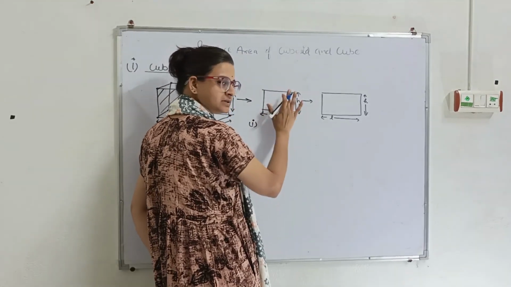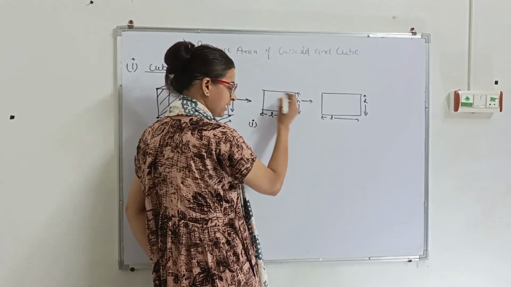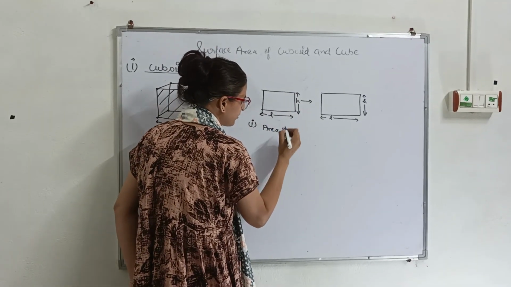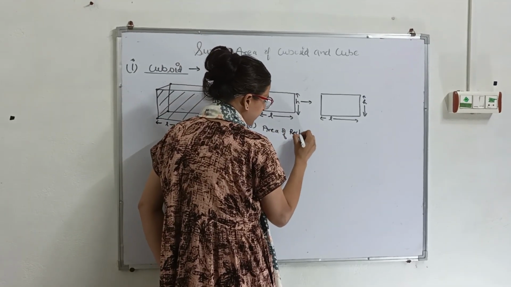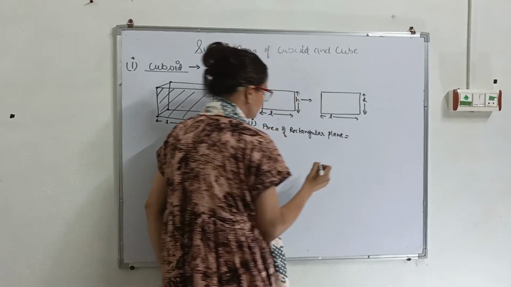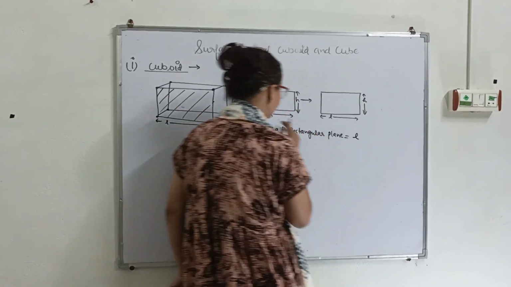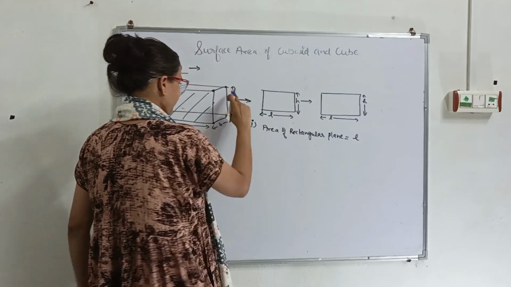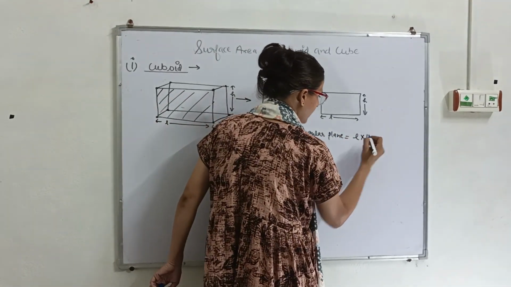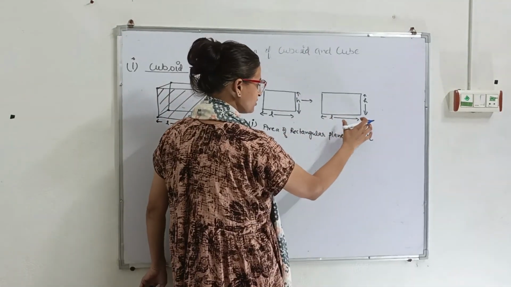This is the plane region, that means this is a rectangular plane. The area of a rectangular plane is length into breadth, but here the sides are length and height, so this is length into height. Similarly, the area of the other face is the same.